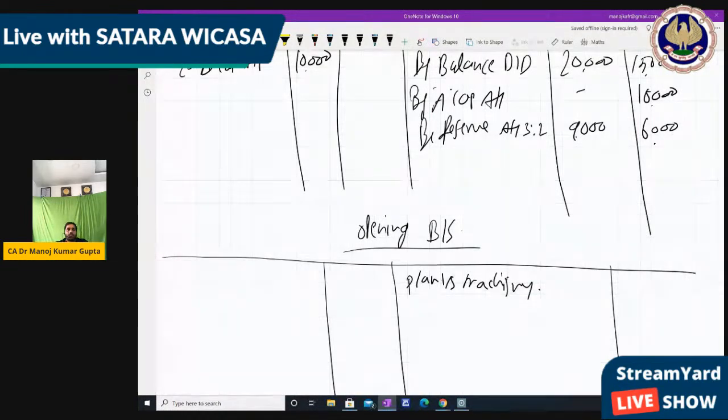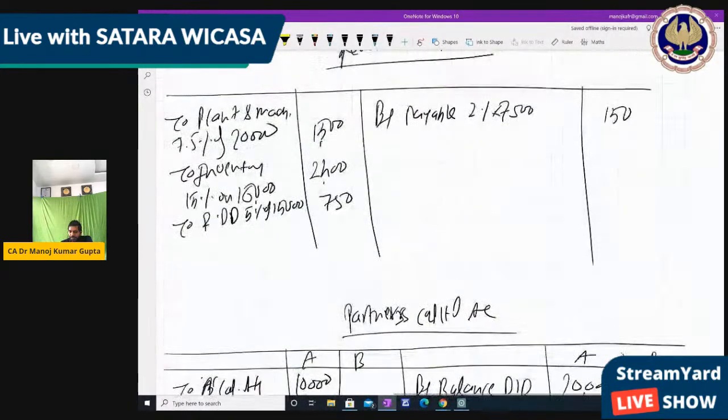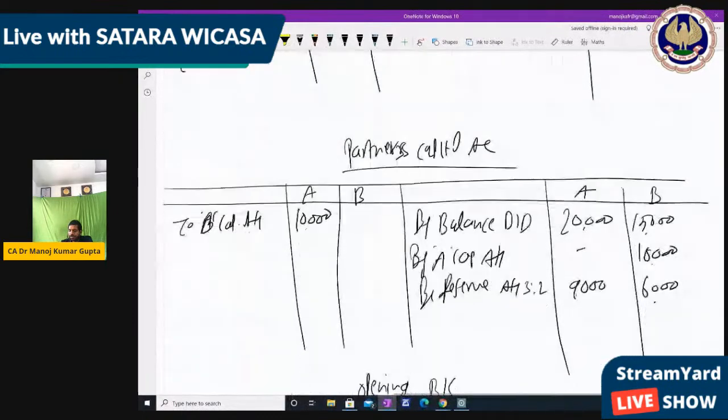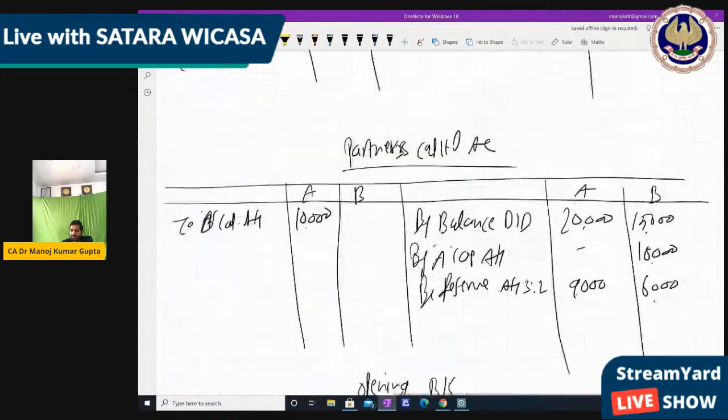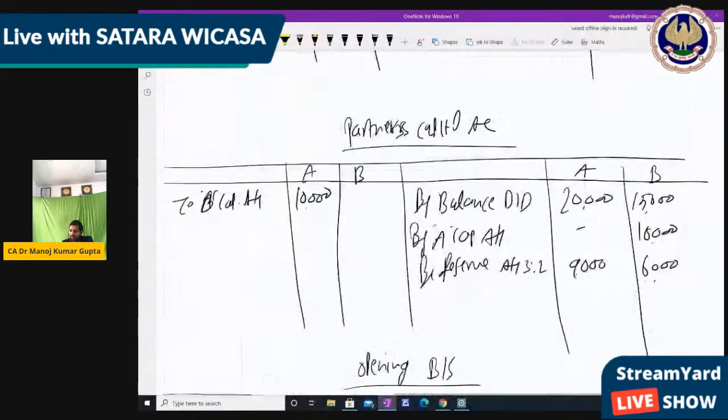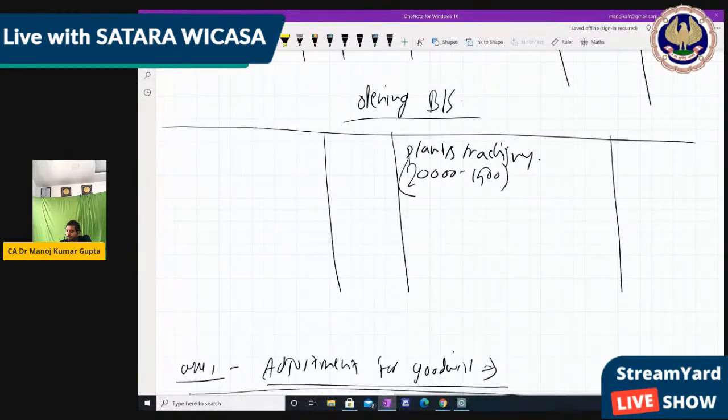Yes, friends. Sorry. Now plant and machinery is how much? It's 20,000. So on that 20,000, we will reduce 1,500. That is 7.5% of 20,000. It comes to 18,500. Right. Next, inventory.